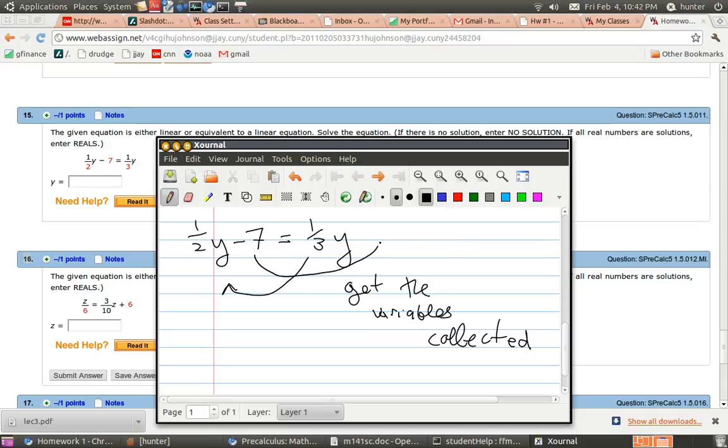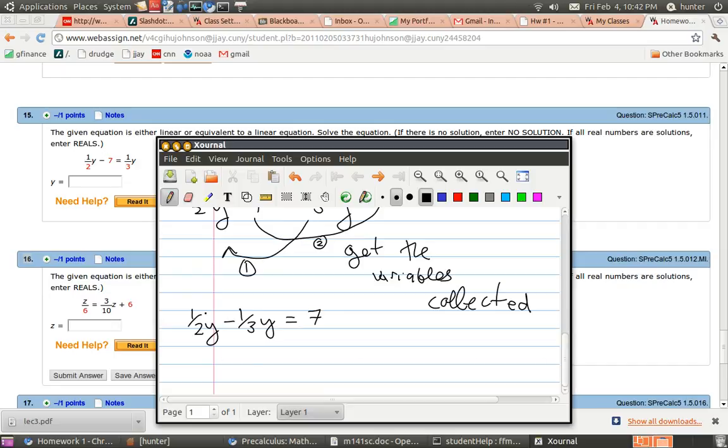I'm going to bring this over, and take this 7 over. First, I've got 1/2 y, and to get the 1/3 y to the other side, I do minus 1/3 y. To put the 7 on the other side, I add 7 to both sides.